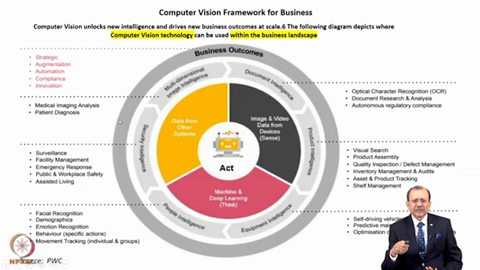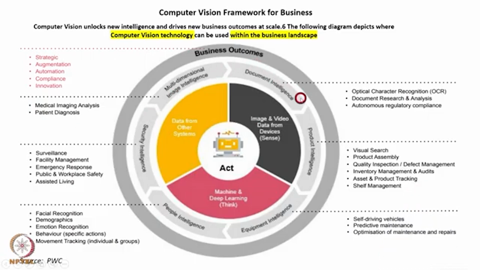Now, to summarize the computer vision framework use cases in a single slide, this is a very useful slide which PwC has published, showing that various kinds of applications are being used around computer vision and AI, visual AI technologies. On one side, it is helping document intelligence. On the other side, product intelligence, equipment intelligence, people intelligence.